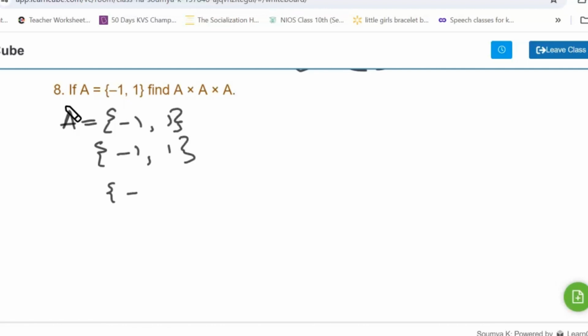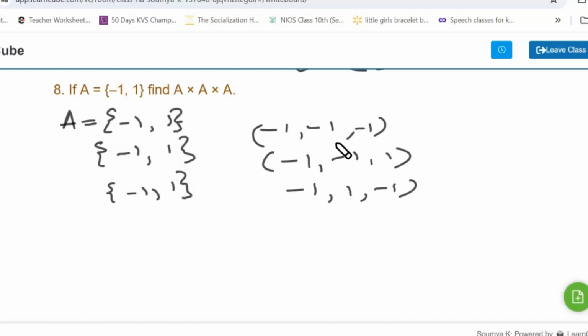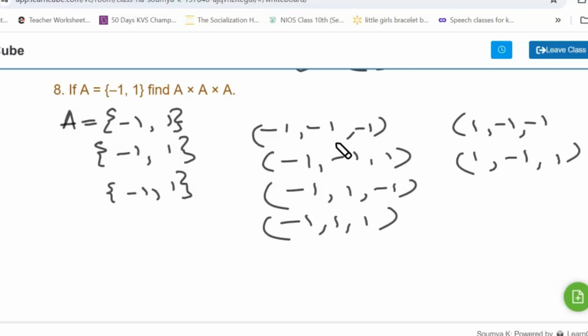So what is happening in this case is minus 1 minus 1, minus 1 1, 1 minus 1, 1 1. Next will be the other combinations of minus 1 and 1.